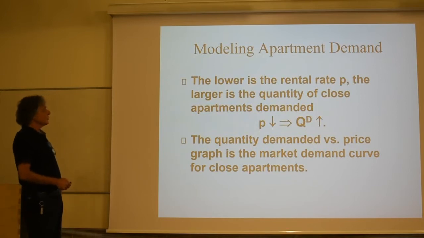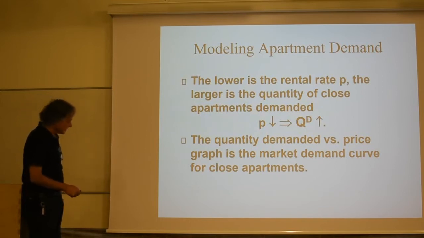And therefore, when price goes down, the quantity demanded goes up. The quantity demanded versus price graph is the market demand curve for the product we are talking about. The product that we are dealing with here is closed apartments.